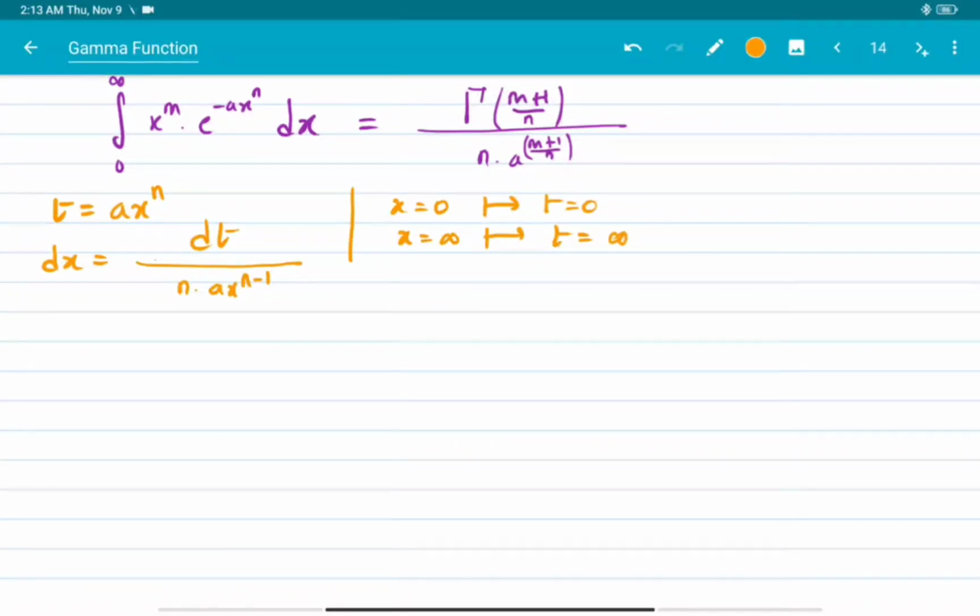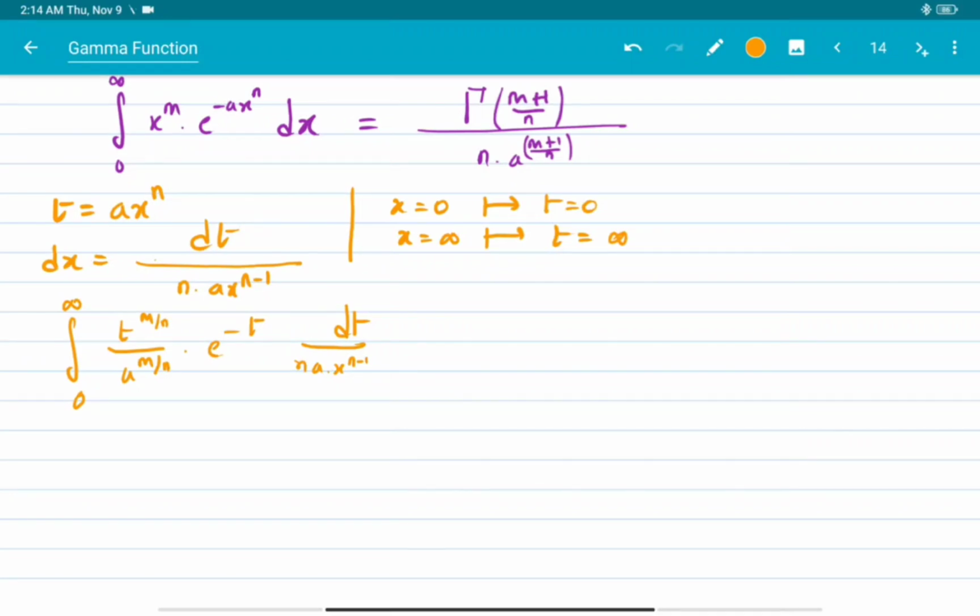If we write this, the integral from 0 to infinity, t to the power m over n and a to the power m over n, multiplied with e to the power minus t, and dt over n a times x to the power n minus 1.